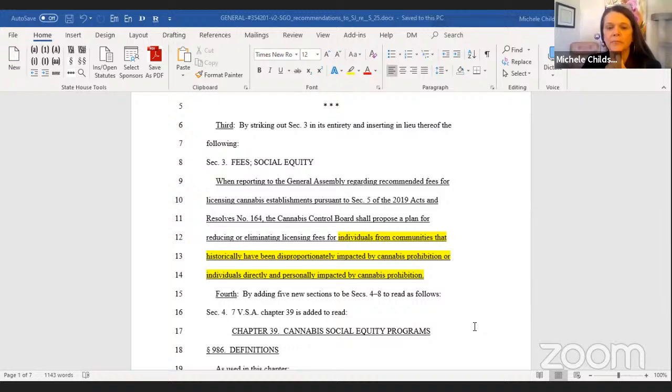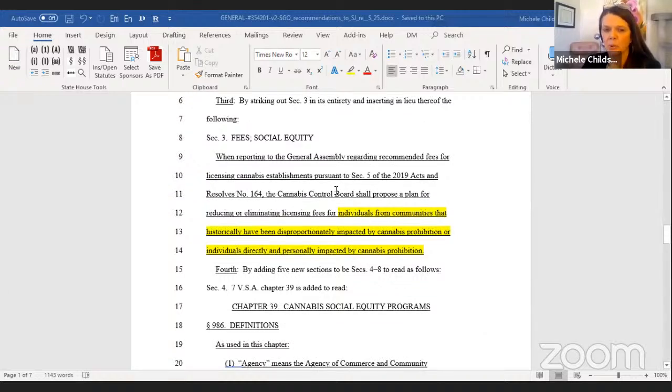Again, the board is going to be proposing to you the fees and where there should be reduced license fees. It's around individuals from communities that have historically been impacted. That could be a literal community, a rural community that I know y'all have spoken about. It could be a race-based community.